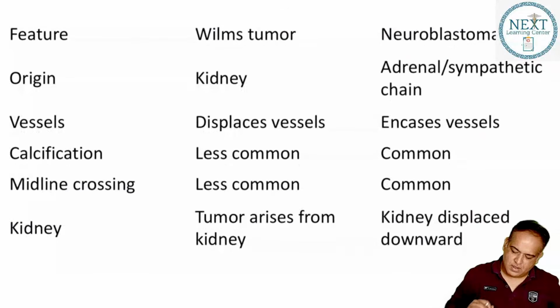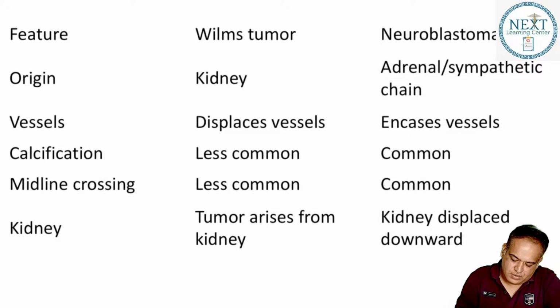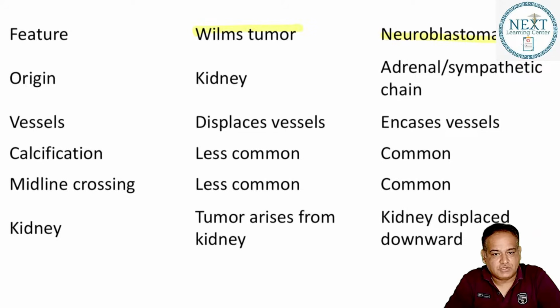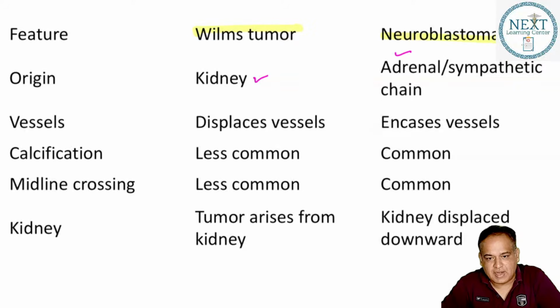Now see. Here we have created a table to differentiate Wilms tumor from neuroblastoma. Wilms tumor takes origin from the kidney, whereas neuroblastoma arises either from the adrenal gland or from the sympathetic chain.